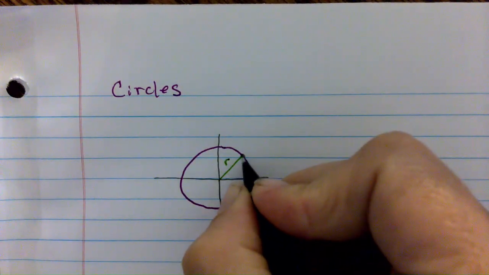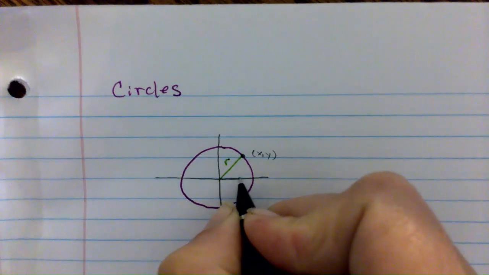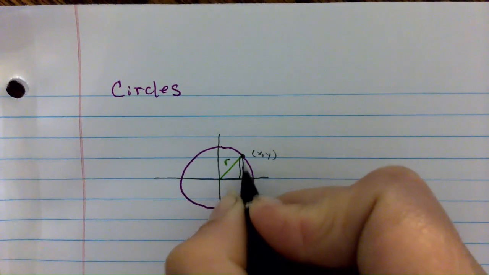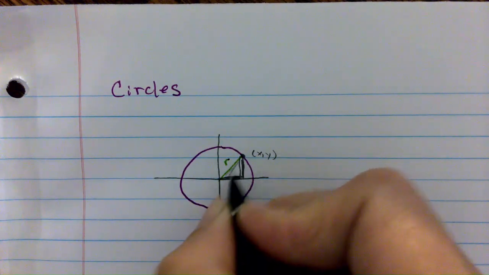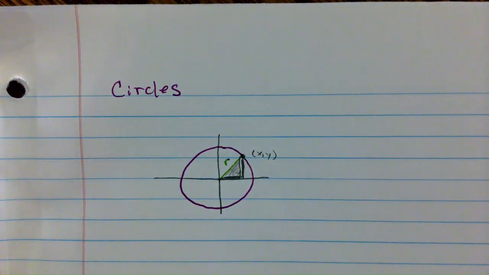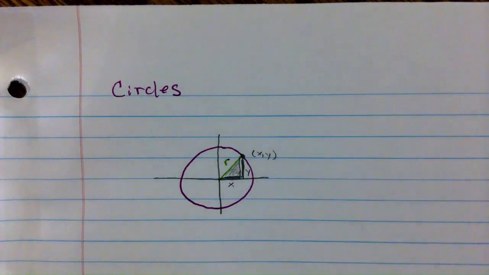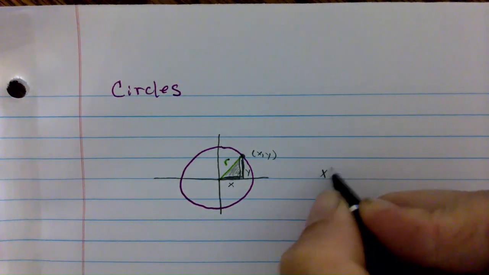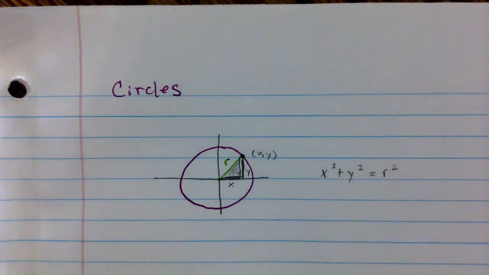And this is an ordered pair x comma y, meaning we have to come over x and up y, if I can draw that well, which results in a right triangle where the legs are x and y respectively. So what relationship do we see between x, y, and r? Well, we see that x squared plus y squared would equal the radius squared. That's the Pythagorean theorem, right?